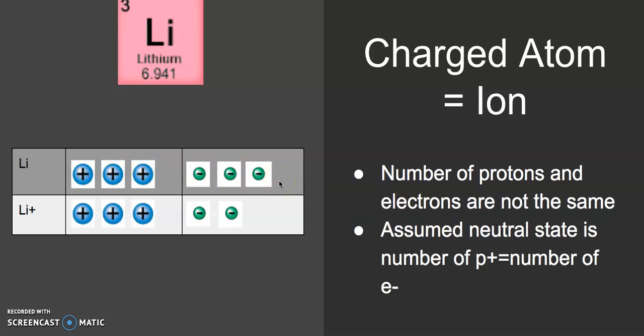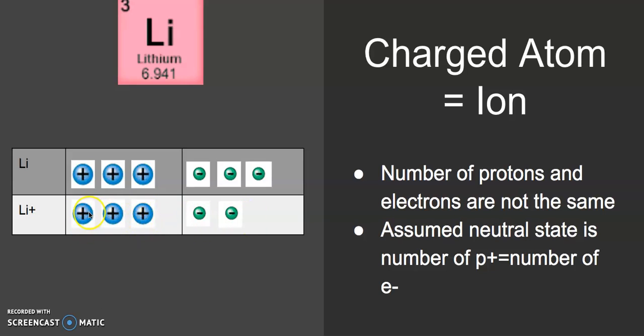Pretty simple, right? But lithium is actually a pretty unstable element in this configuration. And so most of the time, it actually exists as the lithium plus ion. When we say lithium plus, we mean that a lithium atom has 3 protons and 2 electrons.